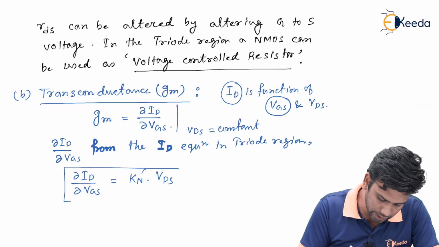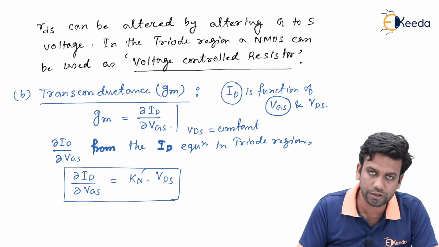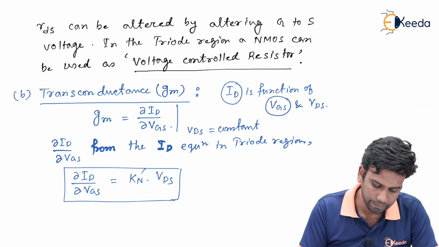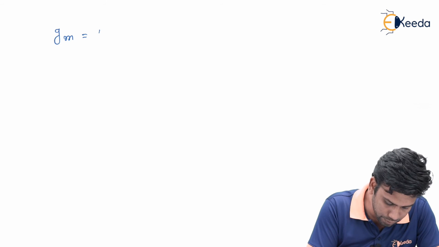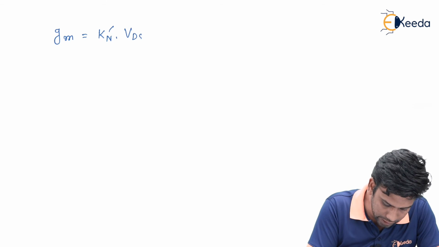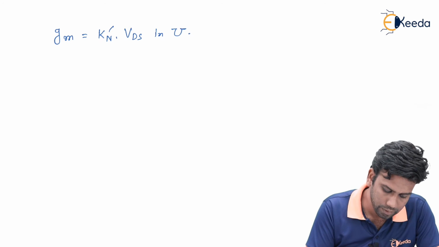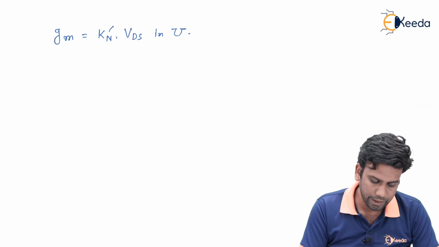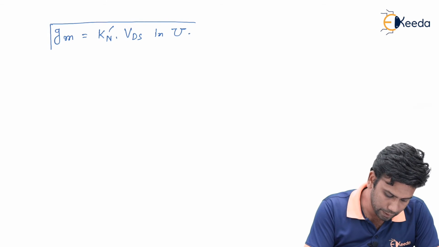So, this equation will give the value of the transconductance in the triode region. So, we can write the Gm value is equal to Kn dash into VDS in mho. So, in this way we can find the value of the transconductance in the triode region.